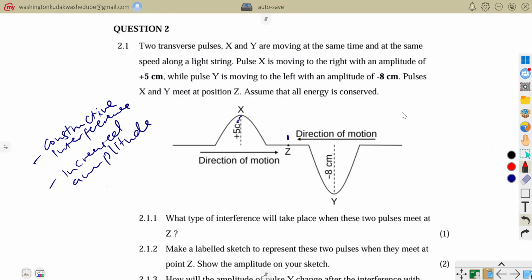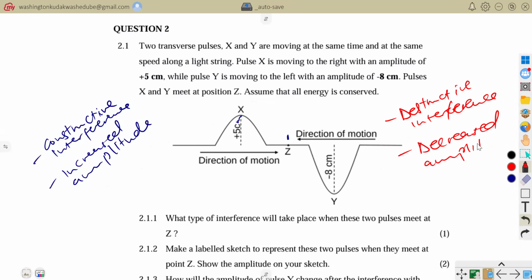Destructive interference is when you have two pulses meeting and the amplitude is decreased. Whenever decreased amplitude is the result of two wave pulses meeting, there is destructive interference.